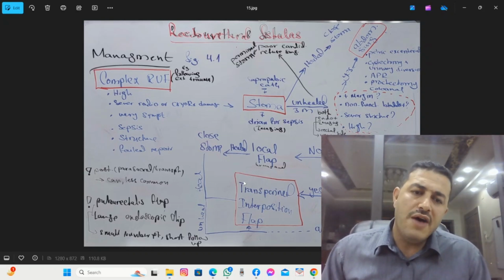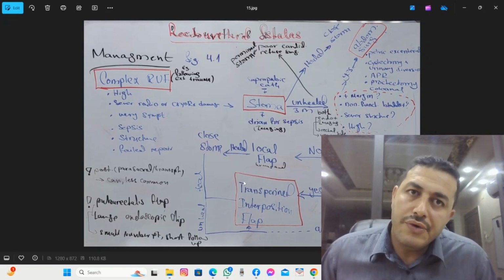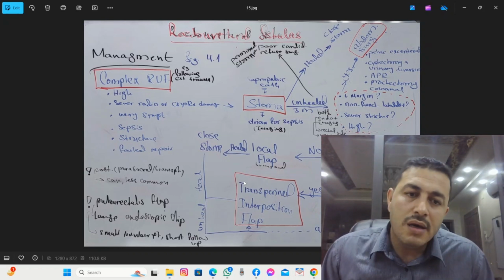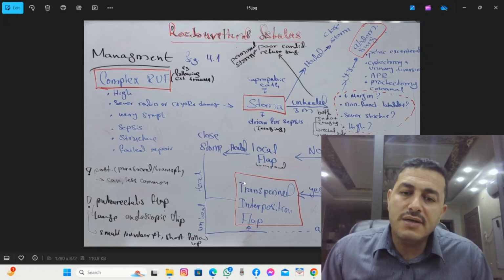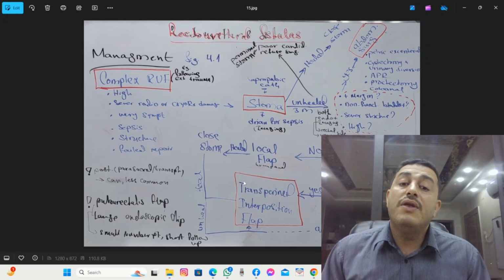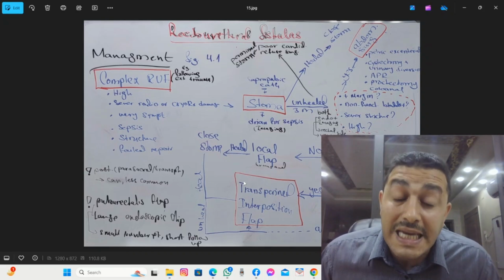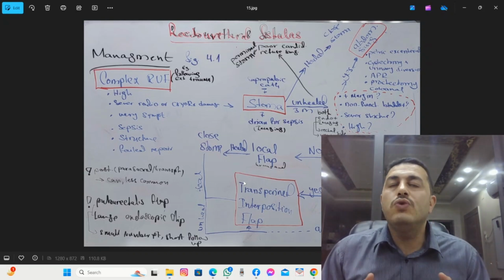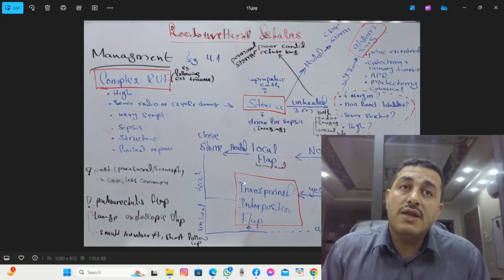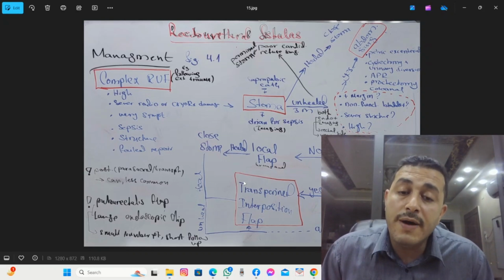But if we have a severe radiotherapy history, an extremely high fistula, or a large diameter, we start to talk about the main treatment, the transperineal approach. Here we talk about interposition, putting tissue between the two structures, the rectum and the urethra.